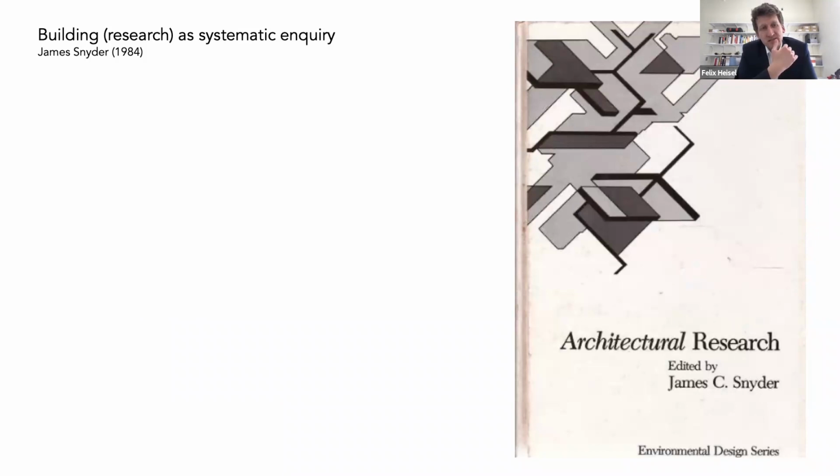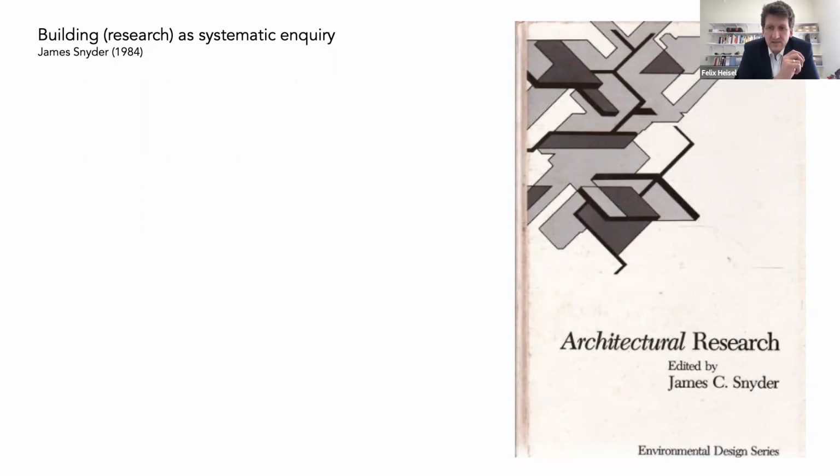And then when you ask yourself what is actually architectural research, you can also go back to 1984, when James Snyder defined research in general as systematic inquiry directed towards the creation of knowledge. And in this context, the word systematic, I think, is essential, because it strengthens Till's argument on the one side that the building by itself may not count as research, right?